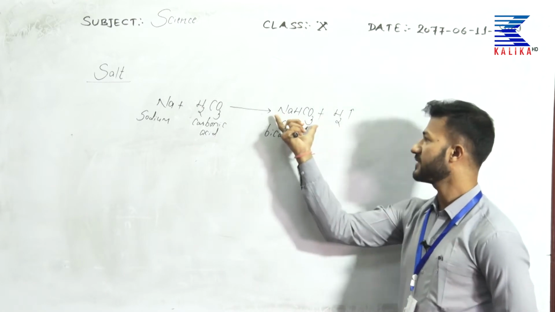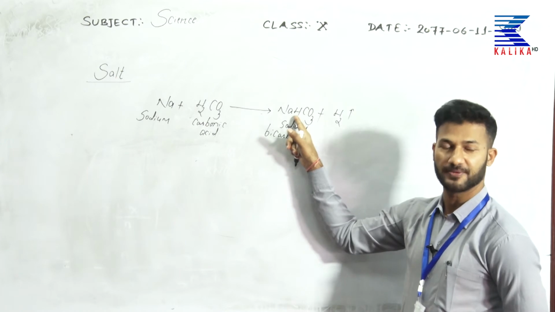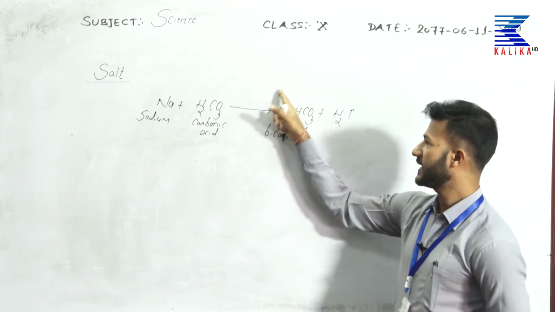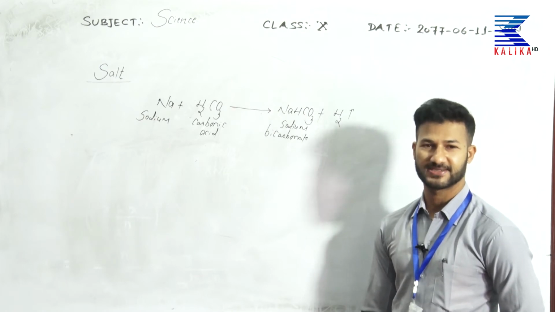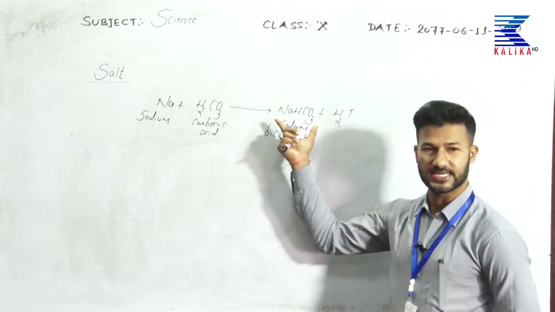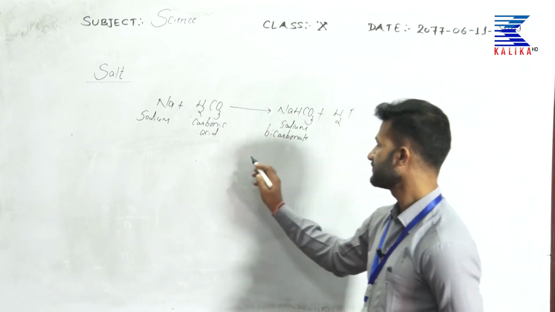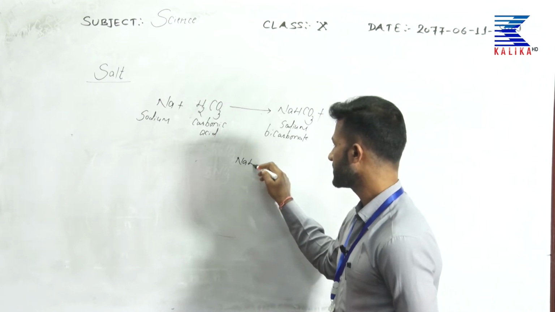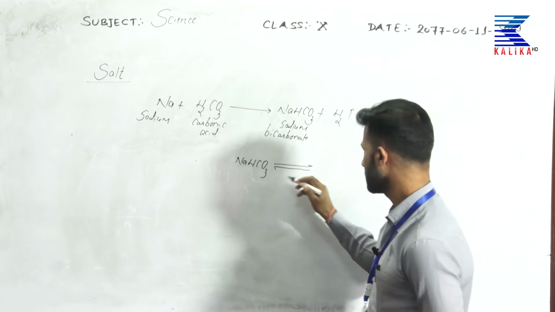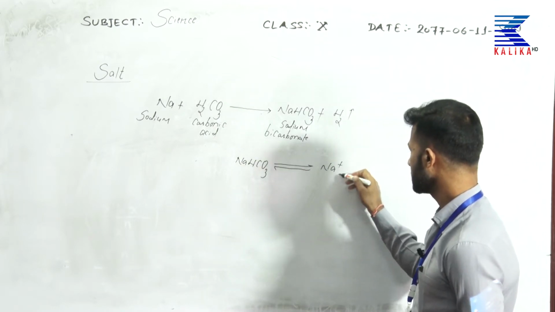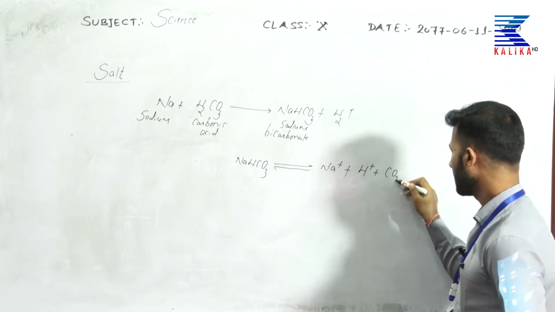Since some part of hydrogen still remains here, this salt shows the property of acid. That is why we call this an acidic salt. This is the fact, because it shows acidic property. Look, whenever this compound sodium bicarbonate is dissolved in water, it releases sodium ion, hydrogen ion and carbonate ion.